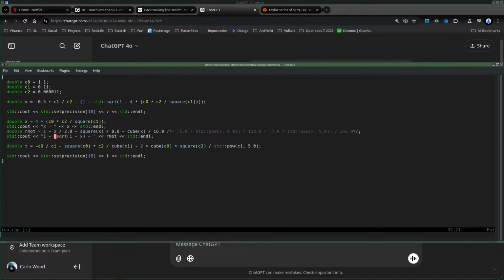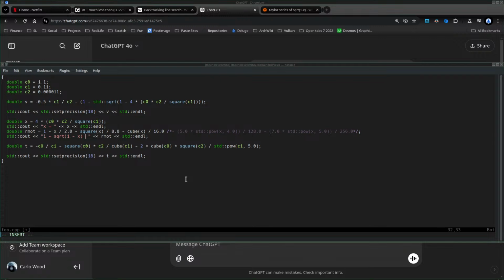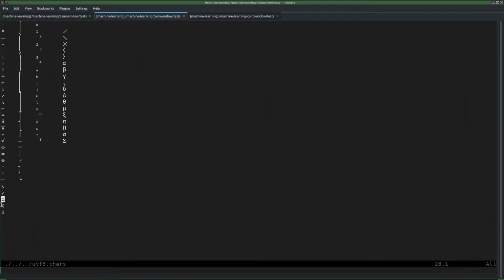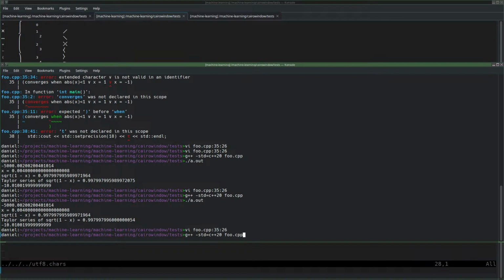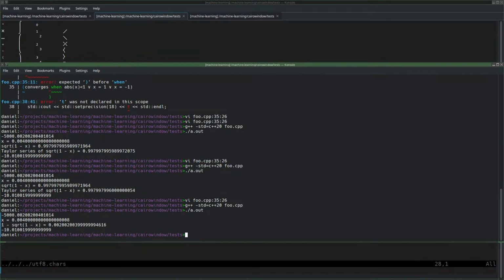Just do the 1 minus that. Okay, to this.